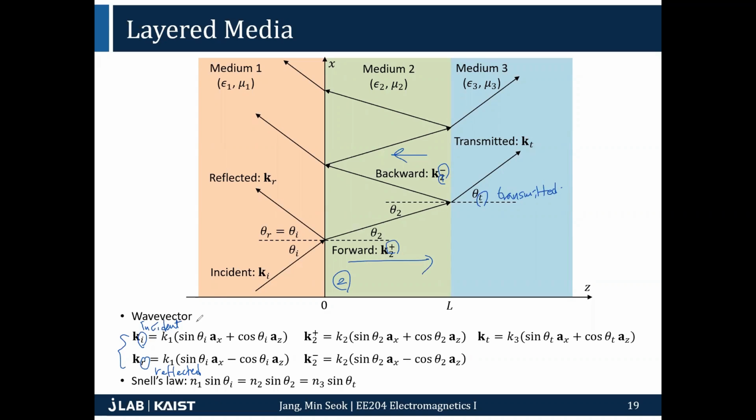Okay, so we have 5 wave vectors. And by applying Snell's law, the relation between theta I, theta 2, theta t is just fixed, right? We know the relation.